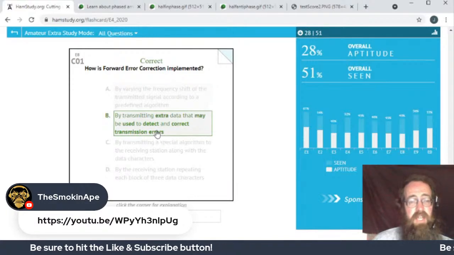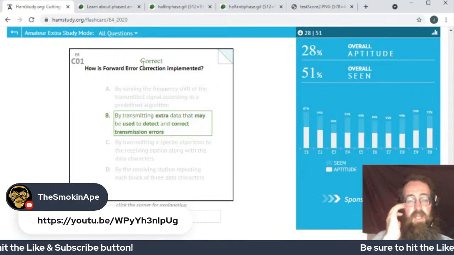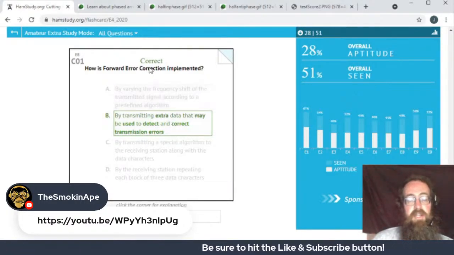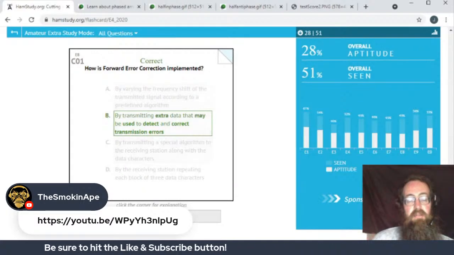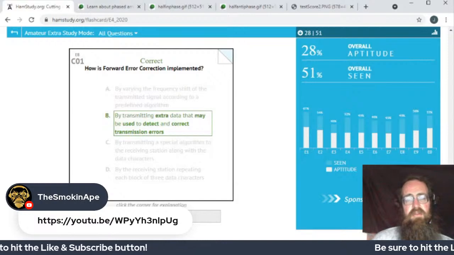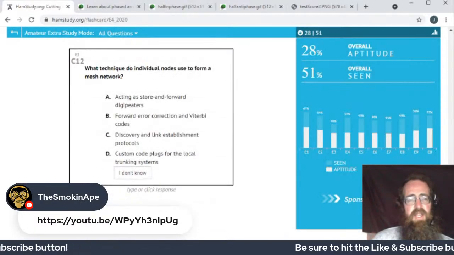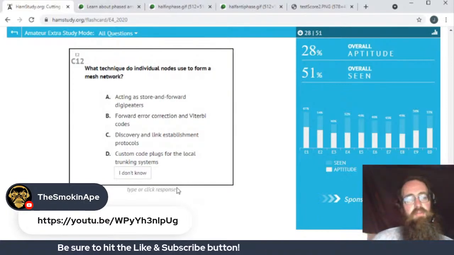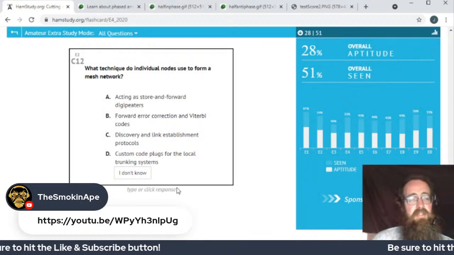And I believe it is also the only one that has both correction in the question and correct in the answer. I have noticed repeatedly on the advanced that if there are common words in the question and an answer, more than likely that is the case.